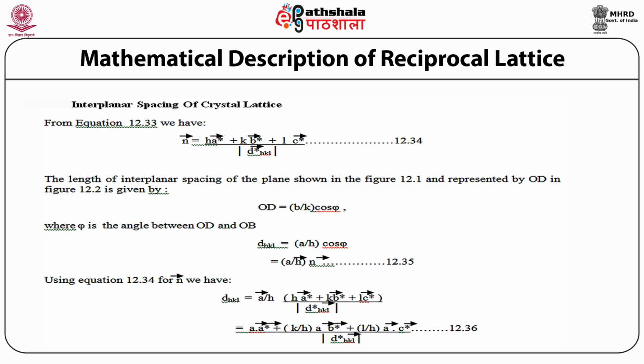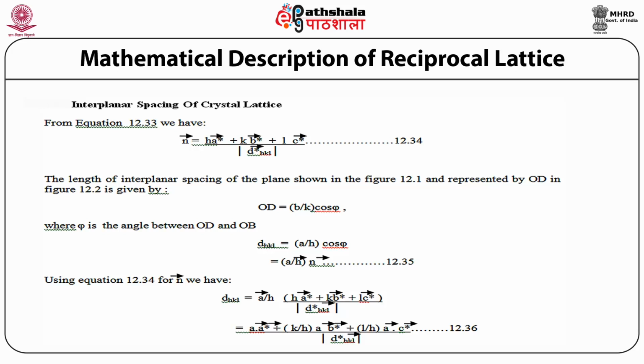The length of interplanar spacing of the plane shown in figure 12.1 and represented by OD in figure 12.2 is given by OD equal to (b/k) cos phi, where phi is the angle between OD and OB. d HKL is equal to (a/h) cos phi, which is equal to (a/h) dot n vector, given as equation 12.35.